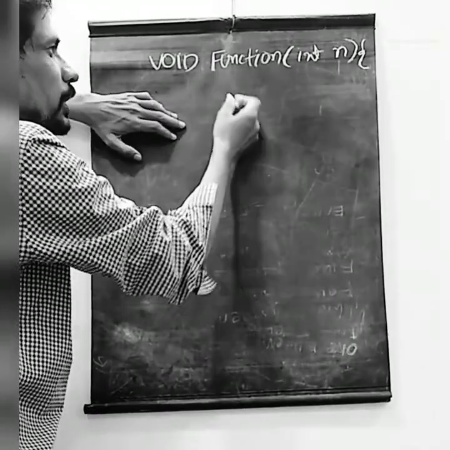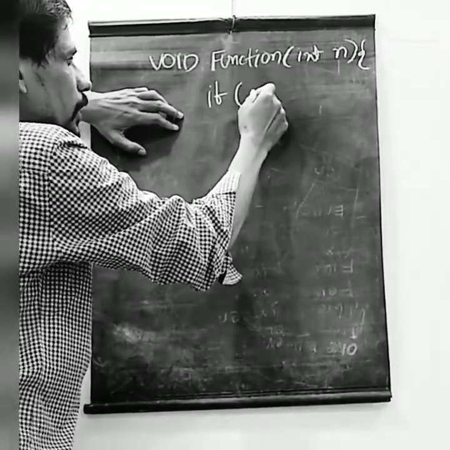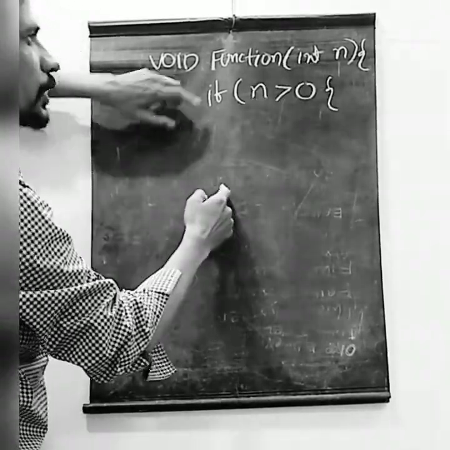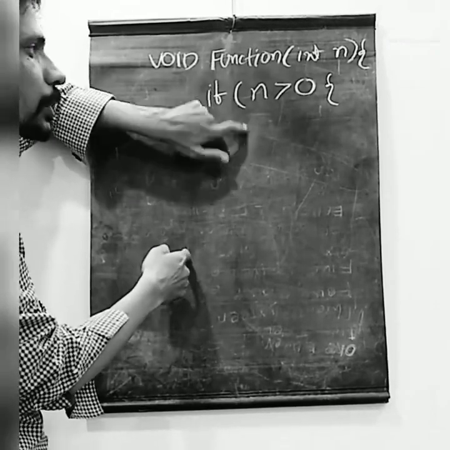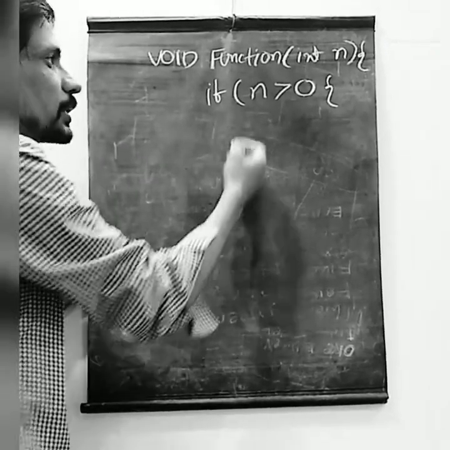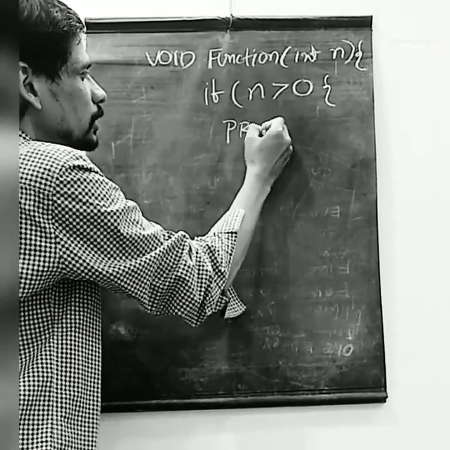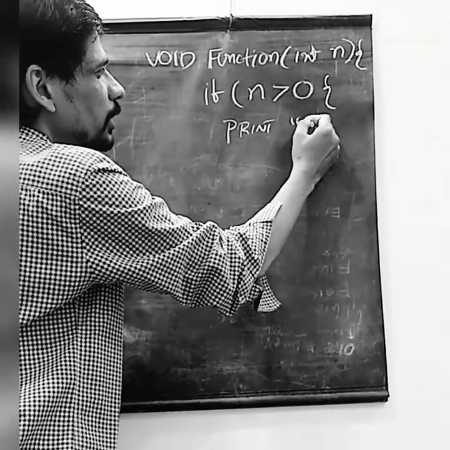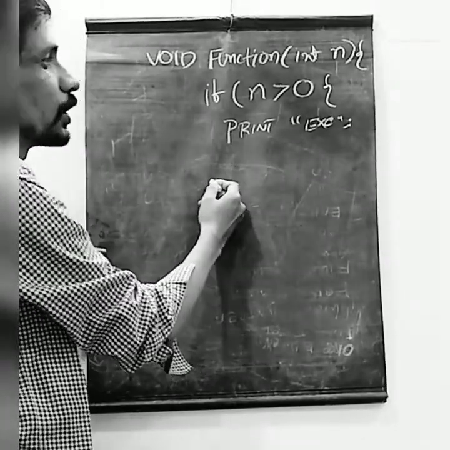We have one predefined condition: if n is greater than 0, if my parameter n is greater than 0, then perform the below operations, like print something.